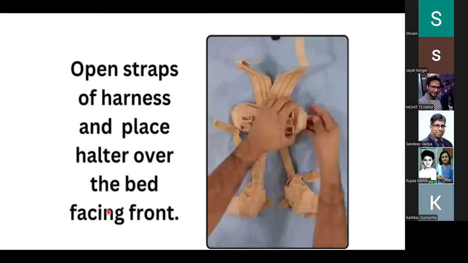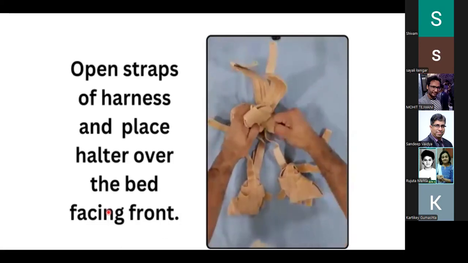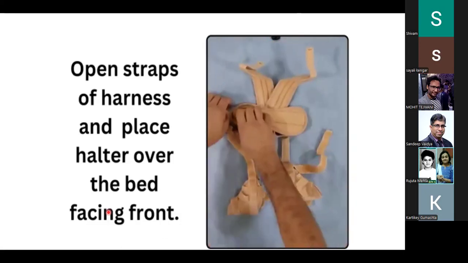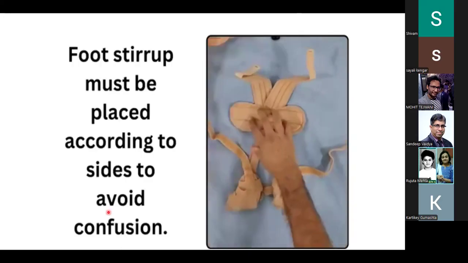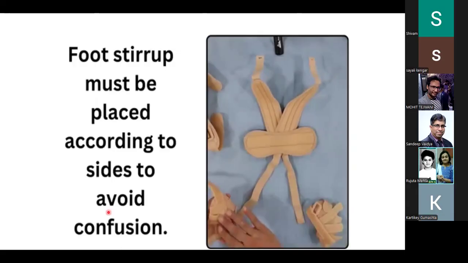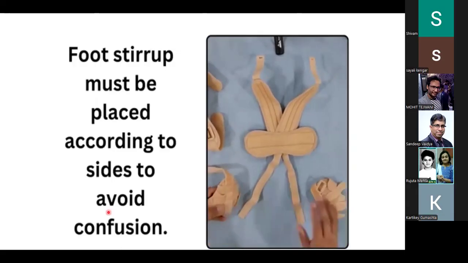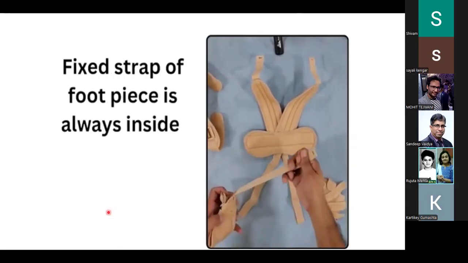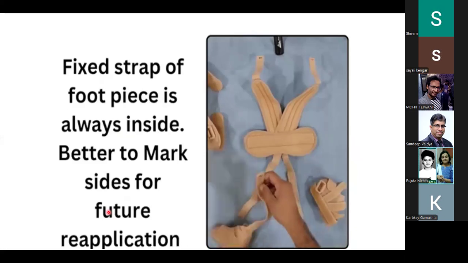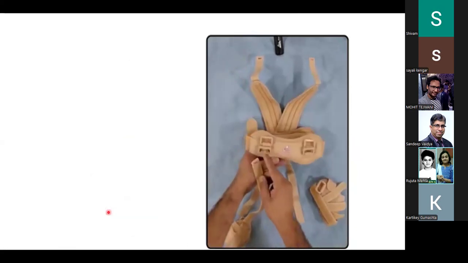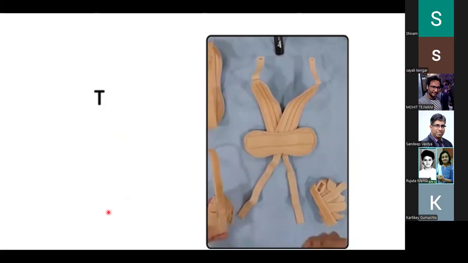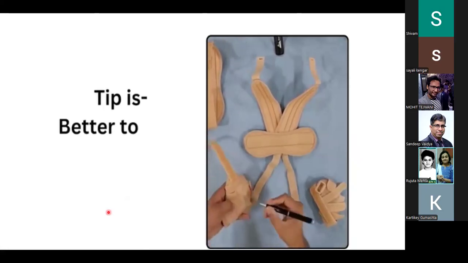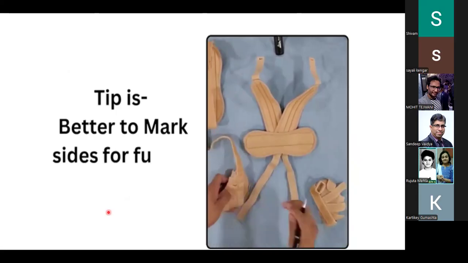First open the straps of the harness and place the halter over the bed facing in front. The foot stirrup must be placed according to the sides to avoid confusion. The fixed strap of the foot piece is always inside. It's better to mark which one is right and which one is left so that it doesn't create any confusion for the caregiver.